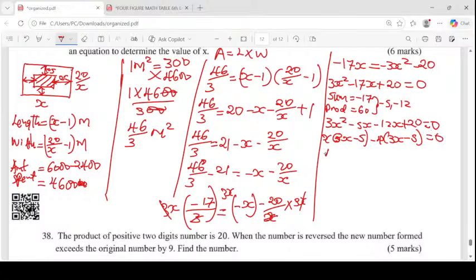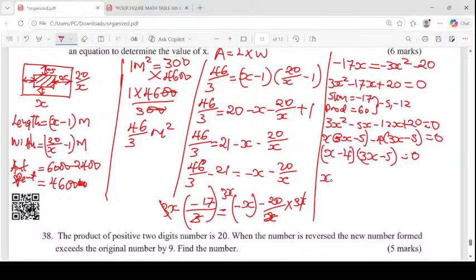I'll have here x minus 4, then 3x minus 5 is equal to 0.